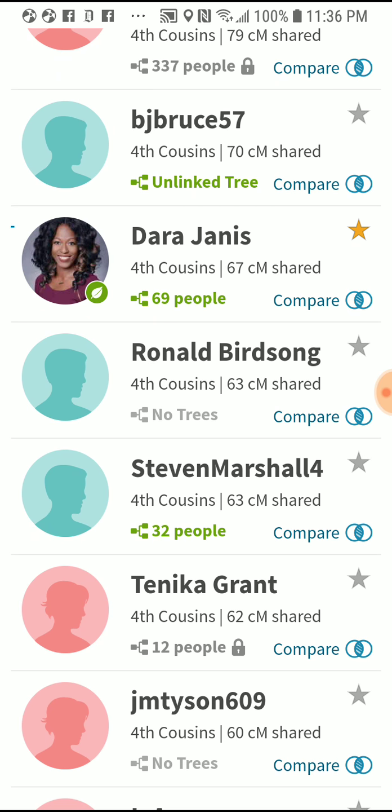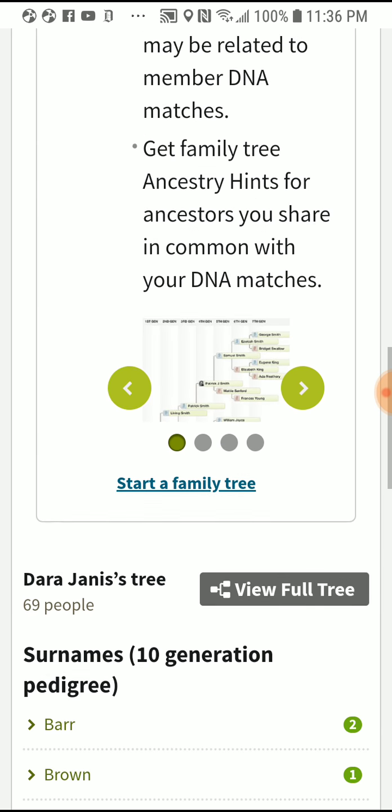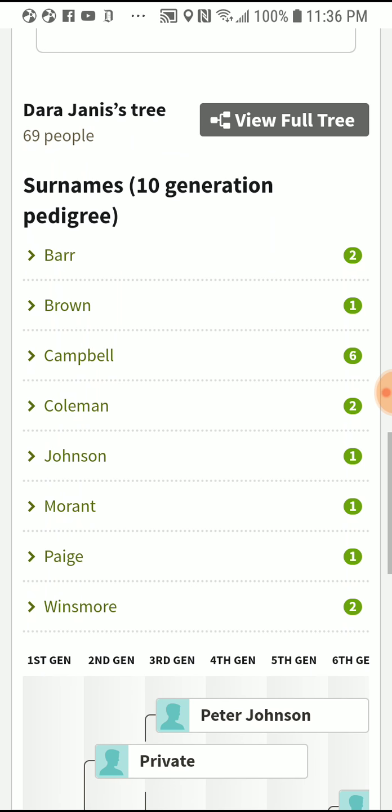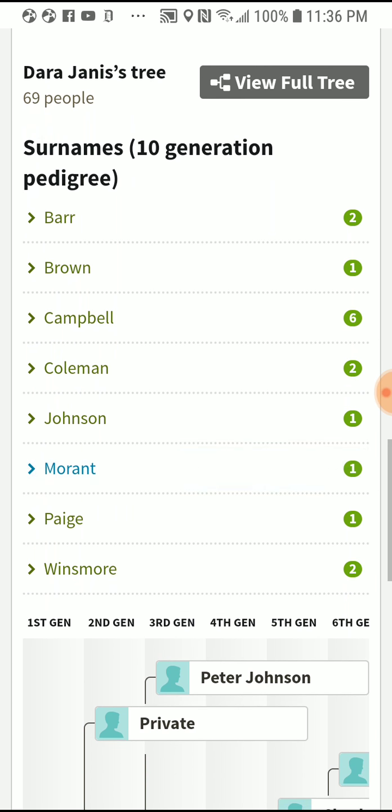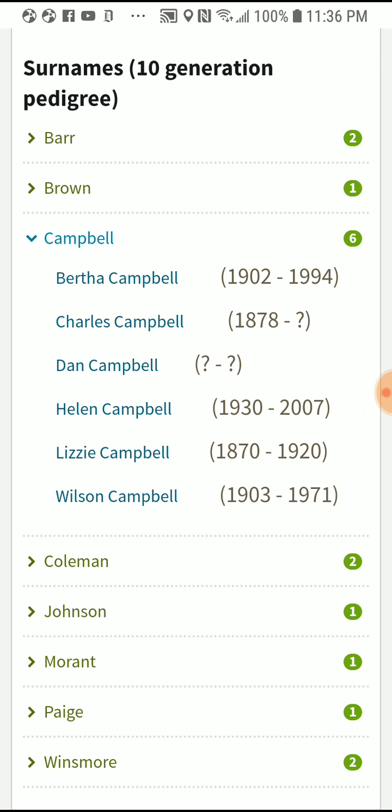Okay, Dara. All right. Now you find the tree. I like to look at the surnames, and you might find a surname that you're familiar with. Well, since my mother is a Campbell, I click Campbell. Then I get an idea.